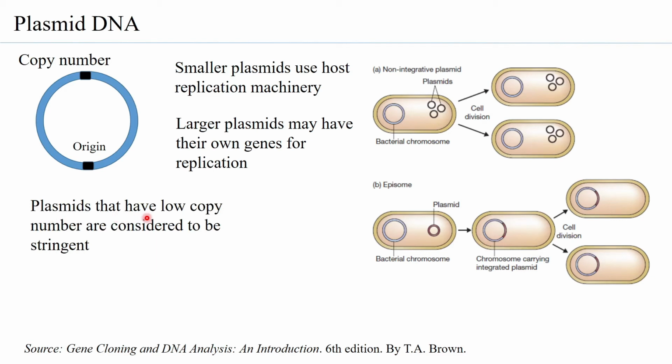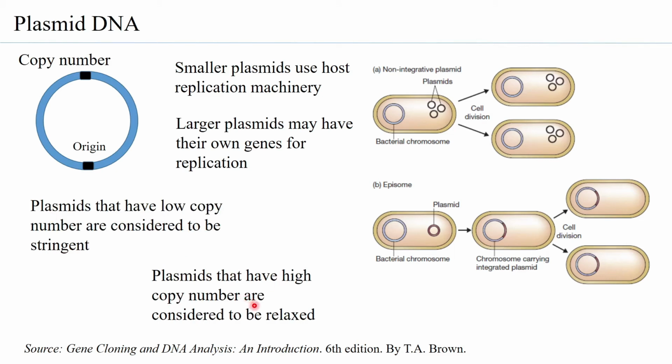So plasmids that have low copy number are considered to be stringent, and plasmids that have high copy number are considered to be relaxed. Now, if one is looking at cloning, and what cloning means is getting more of the same, then the plasmids that are more relaxed are more preferred over the ones that are stringent.